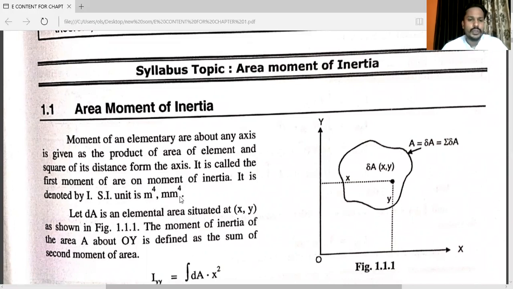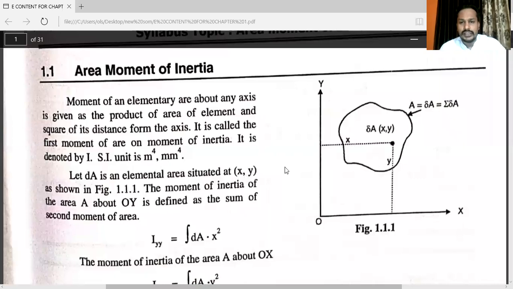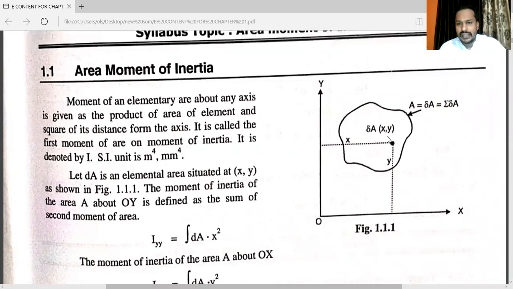See, in this diagram, dA, already I explained, dA is an elemental area situated at x, y. See, you can see in this diagram, this elemental area is situated at x and y. The moment of inertia of the area A about OY is defined as the sum of the second moment of area.